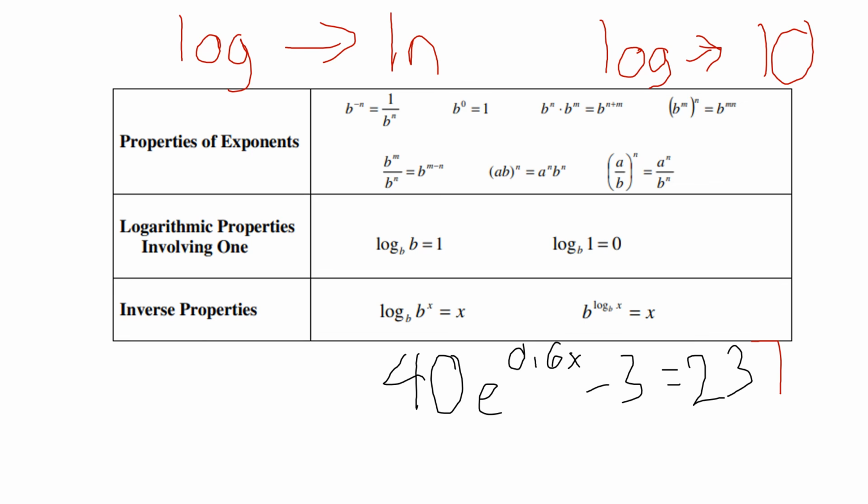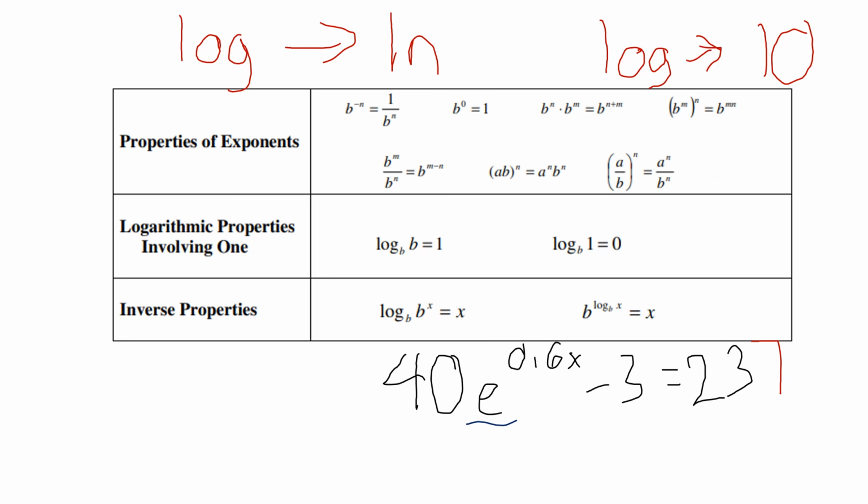Before you take any natural logs, because you have a natural exponent, although you do have a base of 10, because 40 is 10 times 4, because you have that e there, you're going to use the natural log. And again, had e not existed, you would use the regular log to solve that. So let's do it.